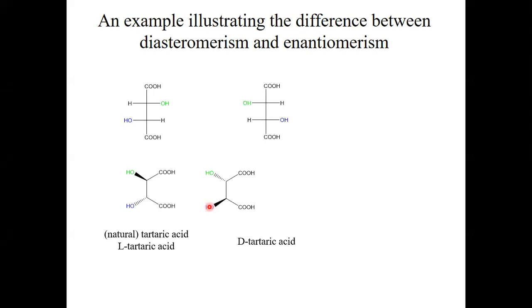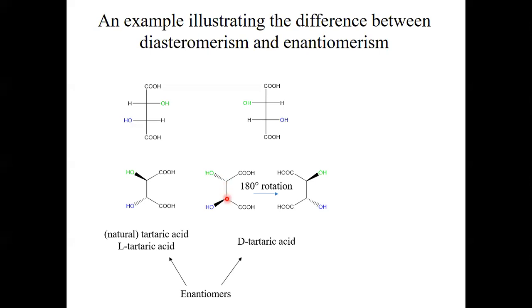So now, these 2 isomers are enantiomers to each other. They are mirror images to each other, and they cannot be superimposed. It's not immediately clear that these 2 are mirror images, but it becomes clearer when we take this molecule and rotate it by 180 degrees around this carbon-carbon bond.